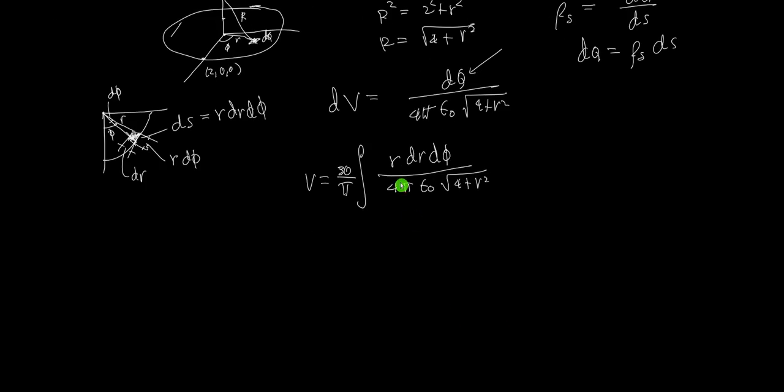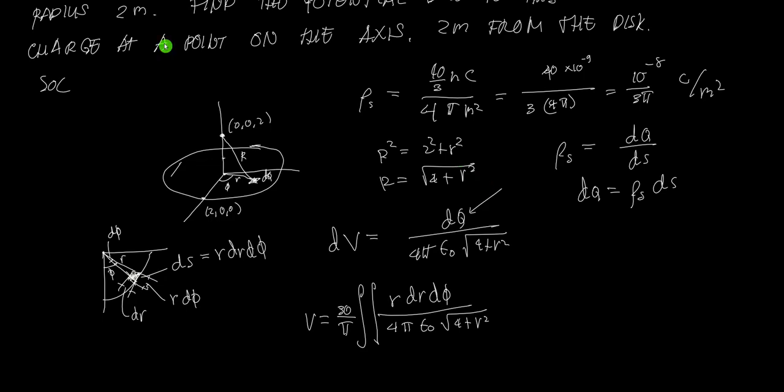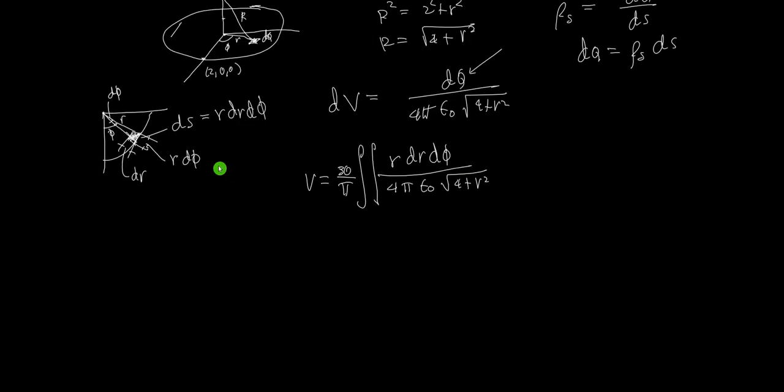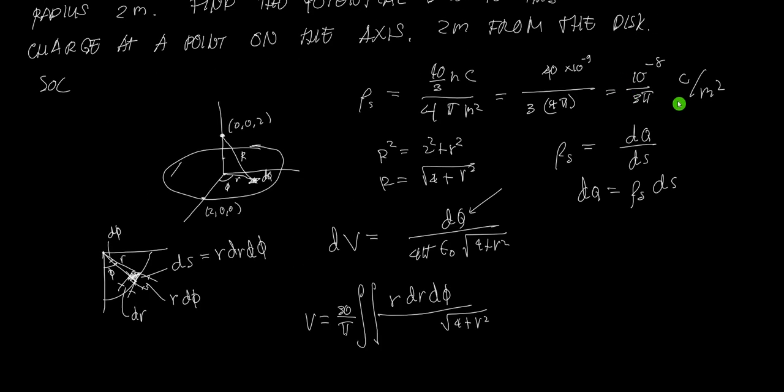Then what's next? This is a double integral because we have two differentials, dr and d phi. I already multiplied this here in 30 over pi, because rho s is just equal to this one, 10 raised to negative 8 over 3 pi.